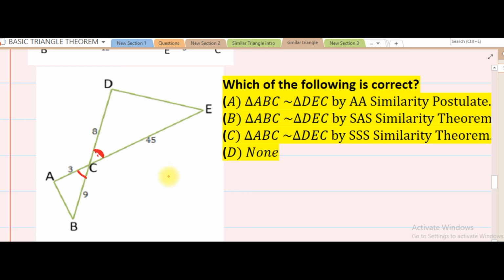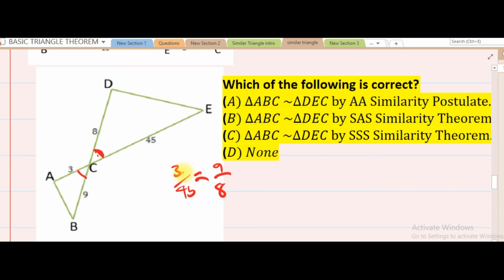If I assume that AC corresponds to CE, 3 over 4.5, let's see whether it equals 9 over 8.